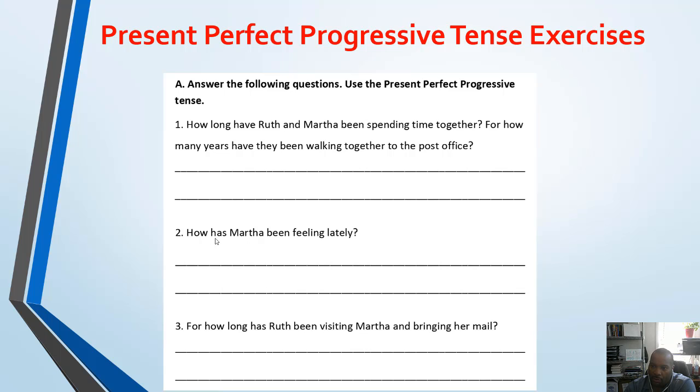Number 2, how has Martha been feeling lately? I wrote, Martha has not been feeling well lately. Number 3, for how long has Ruth been visiting Martha and bringing her mail? I wrote, Ruth has been visiting Martha and bringing Martha her mail for 2 weeks.